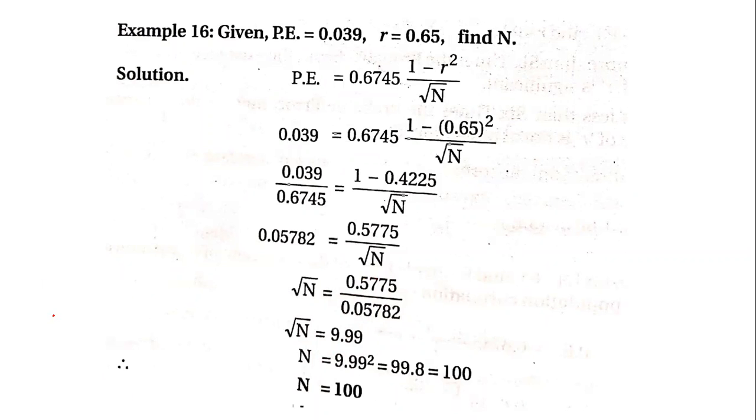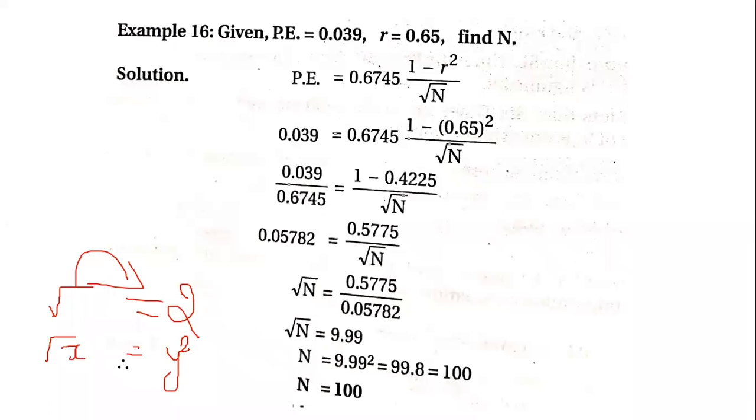Now, if it is square root on one side, and if you take the square root to the other side, it is going to become a square. So if you have square root of x on one side, and you take it to the other side, it is supposed to become x square. Clear? That's what we are doing. So square root taken to the other side will become 9.99 square. So 9.99 into 9.99, you get 99.8. This is the value you get.